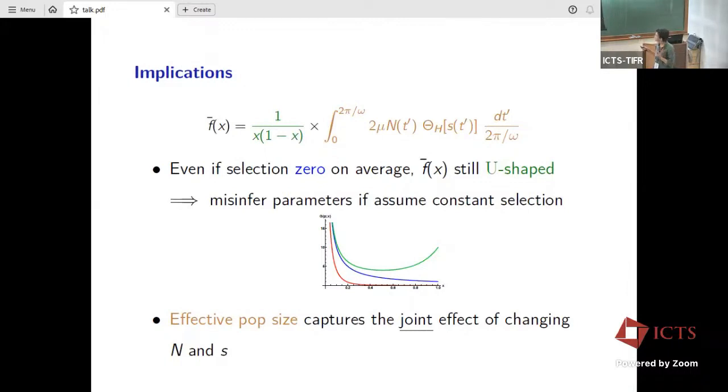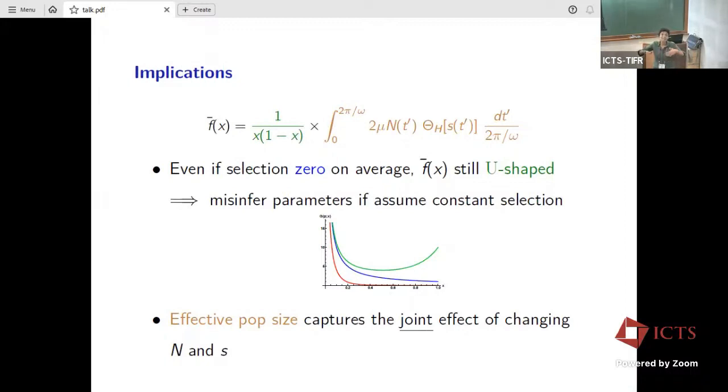So the consequences are, we think, the following: even if selection was 0 on average, so half the time selection is positive, half the time it is negative, right? There's no contribution coming from the negative selection part, only from the positive selection part. So although there is selection, it's neutral on average.